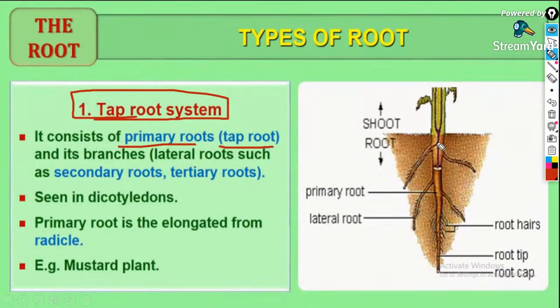Look at this diagram, it is clearly visible. A primary root just developed, that is, a single root elongates. The single root, you will call it the primary root. A primary root or the taproot and its branches are called the secondary root and the tertiary root.